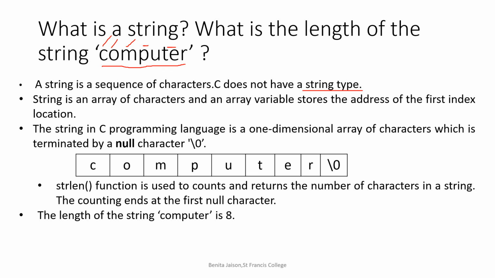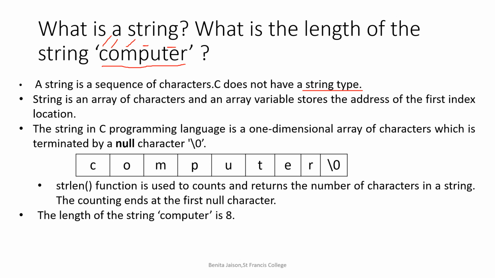Now the second part of the question: what is the length of the string "computer"? The string length is a function which is used to count and return the number of characters in a string. So when the string "computer" is passed as an argument, either as a variable holding "computer" or directly, it will count and return the length as 8.